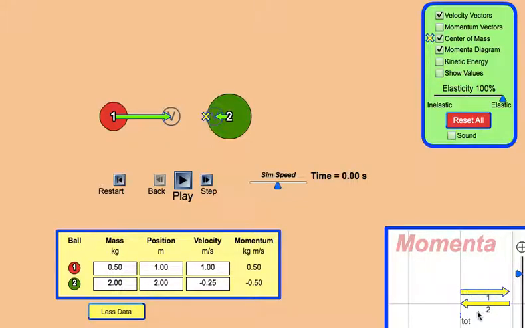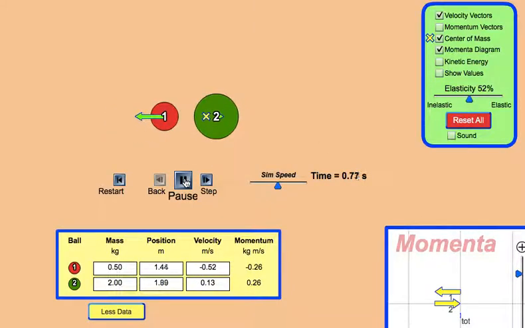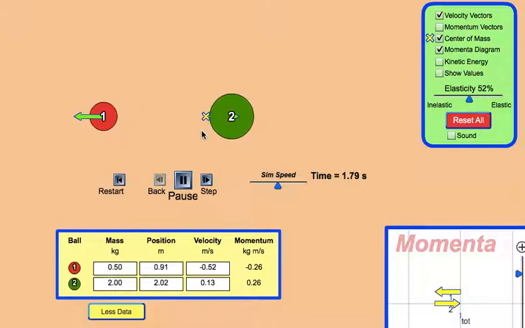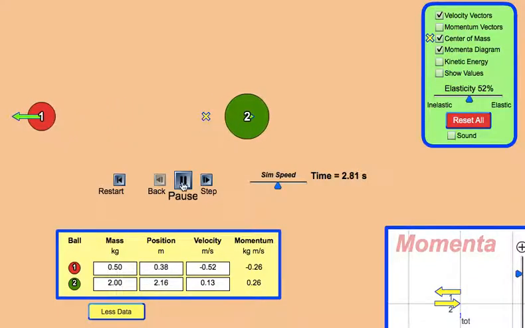Well, the total momentum cancels out. In fact, I could have whatever elasticity, and if you watch this center of mass when I hit run, it doesn't move. Man, great stuff.